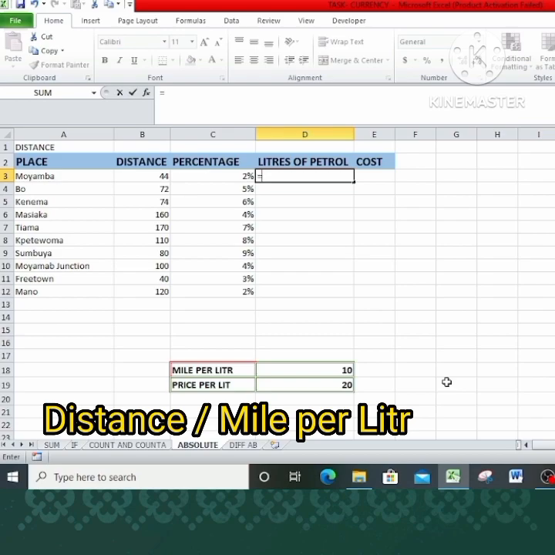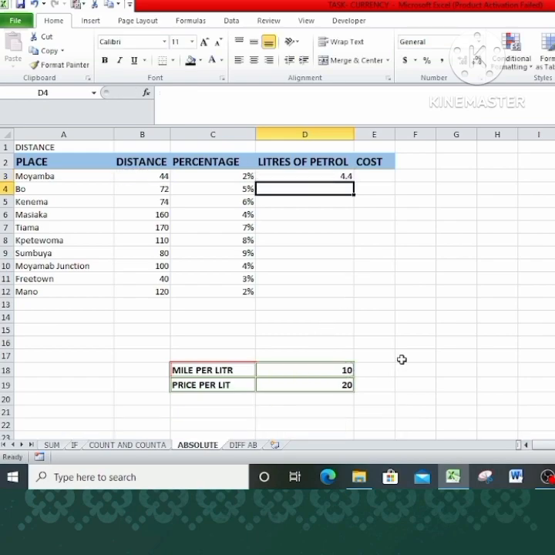Now, since we are to divide our distance by the miles per liter, then we have to put B3 here, divide it by the miles per liter here. Now we hit enter. And if you use 44, if you want to cross-check, take your calculator, put 44 divided by 10, you have 4.4.